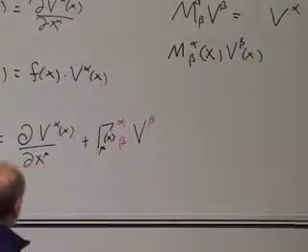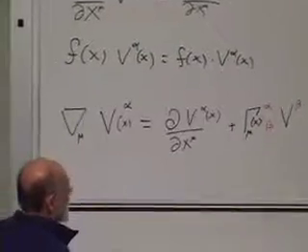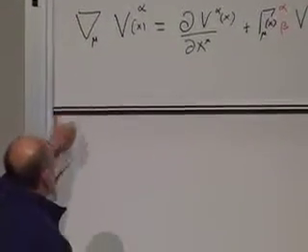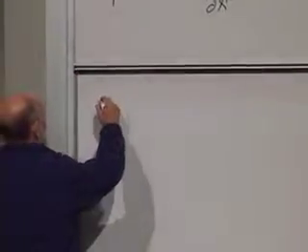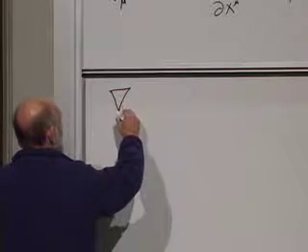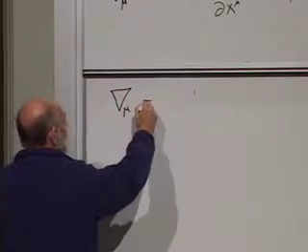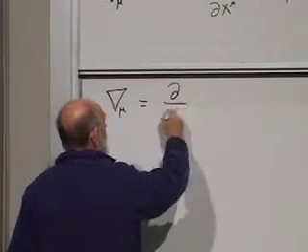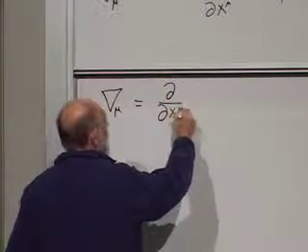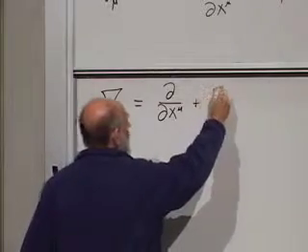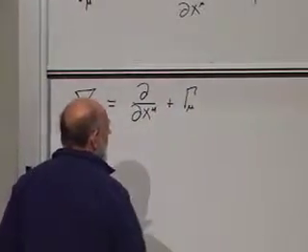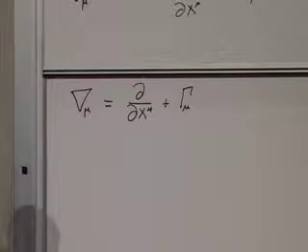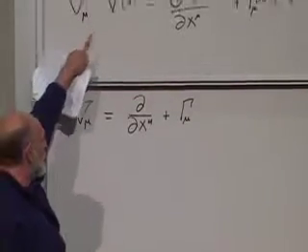All right, we could summarize it by the notation del mu equals derivative with respect to x mu plus gamma mu. Now, that looks stupid. What does that mean? What it means is exactly what I wrote up here.